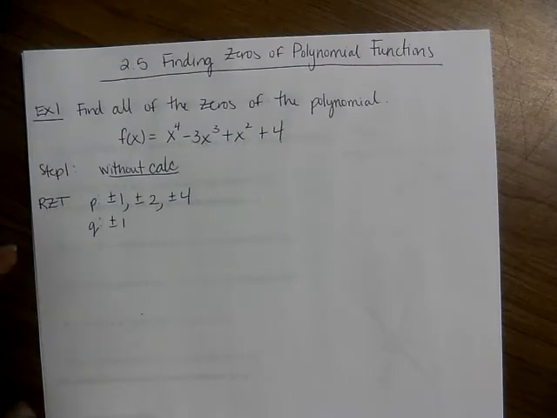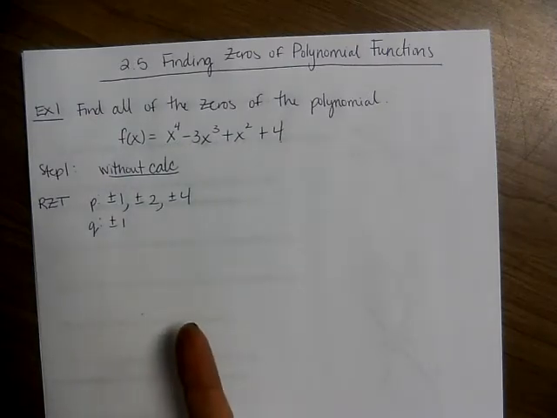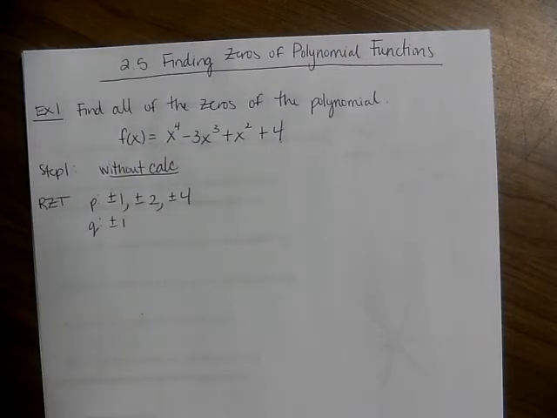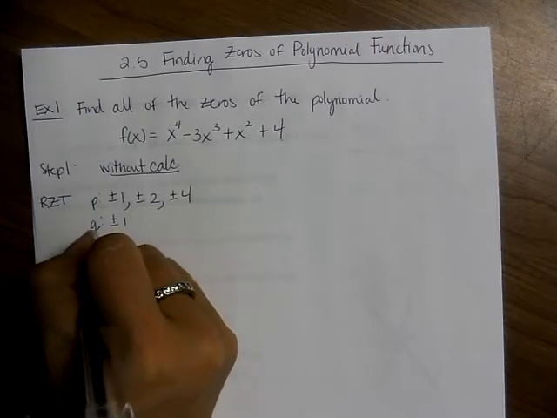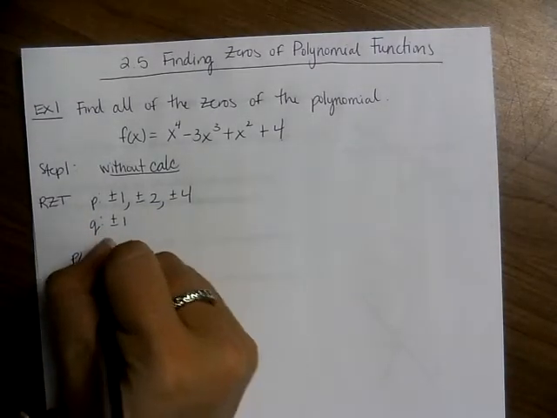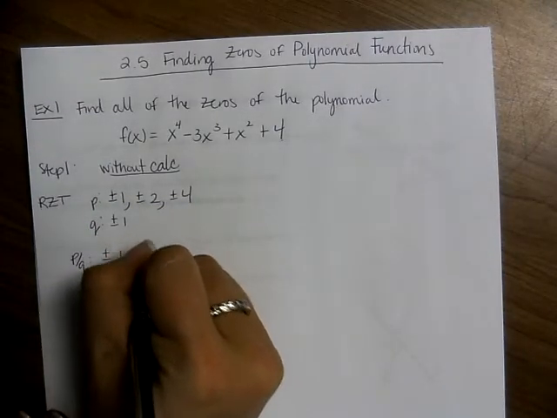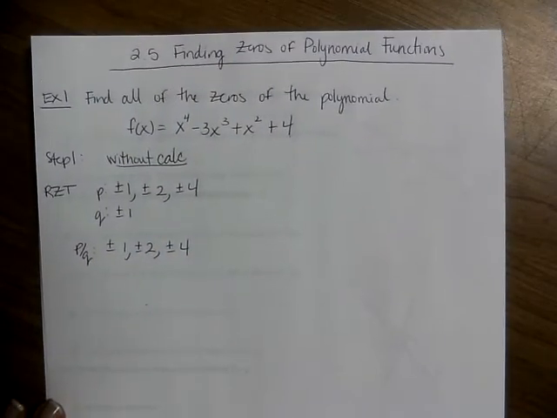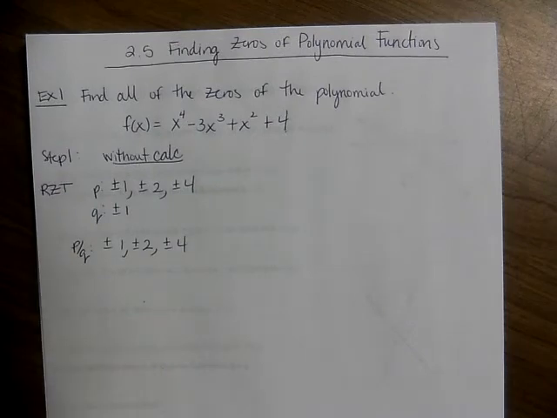So this is not a bad scenario for us right now, because there are only 6 possibilities, right? And we know there has to be 4 zeros. So we have a good chance, right? P divided by Q will just result in plus and minus 1, plus and minus 2, plus and minus 4. Okay, so now if you were going to go without the calculator, what is step 2?